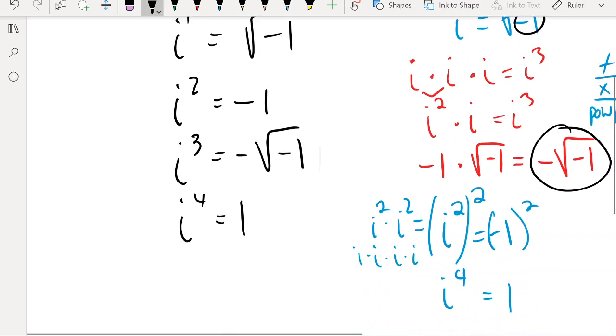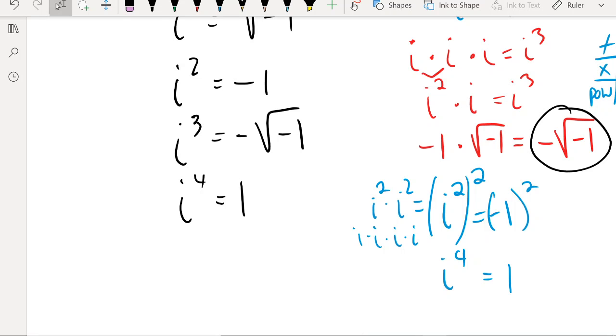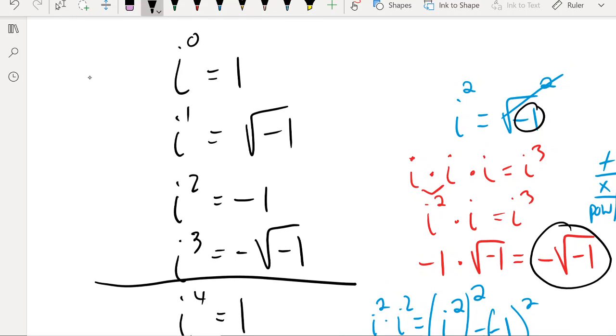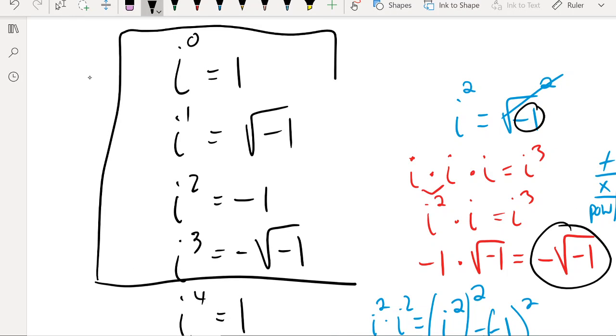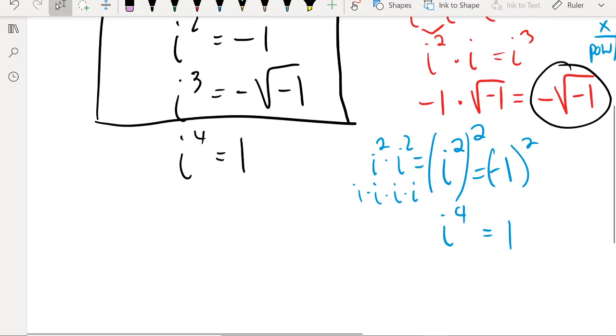Now, when you get to I to the fourth power, it repeats. From 0 to 3, a total of 4 things, is your pattern. Then when you get to I to the fourth, and so on, it repeats over again, right?